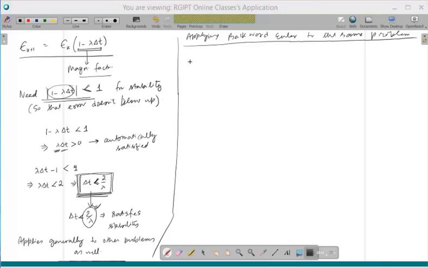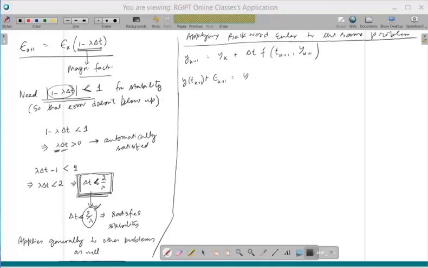So what does the backward Euler say? y k plus 1 equals y k plus delta t times f of t k plus 1 comma y k plus 1. And the same thing, exactly the same analysis. y k plus 1 is y at t k plus 1 plus epsilon k plus 1.